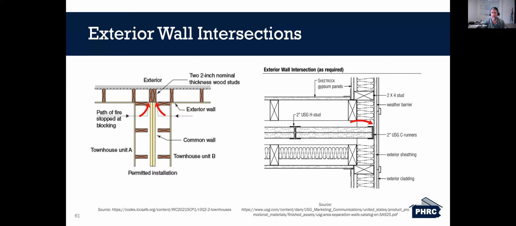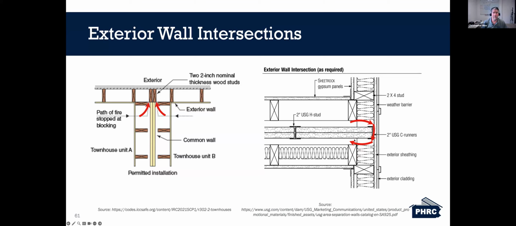Jumping over here to the right-hand side, our air movement without proper air sealing has the potential to enter that area separation wall and then jump between that C channel, or those C runners as they call them in this detail right here, from one unit to the other unit.